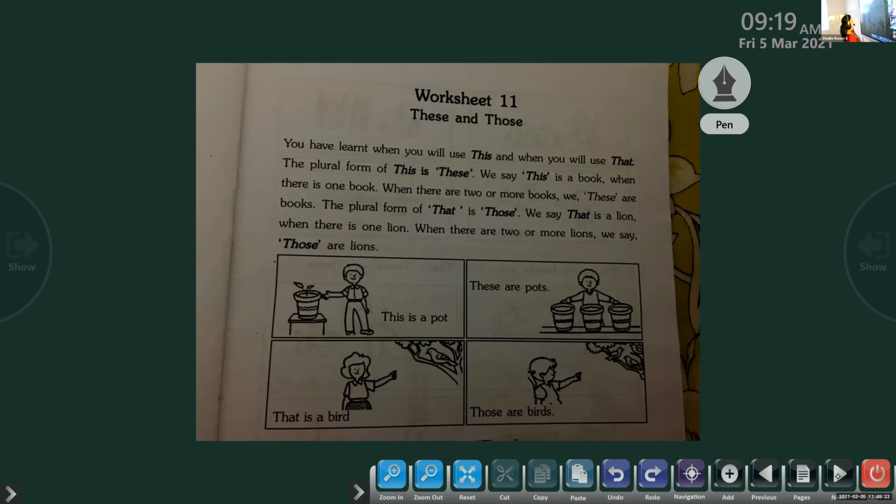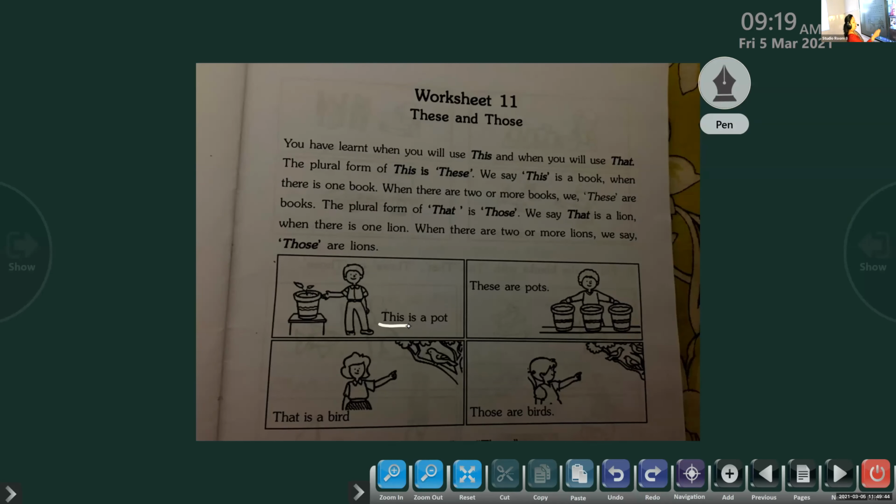Let's try to move ahead. This is the same thing that I have explained to you all, right? Let us have a look at a few examples. We can see a boy standing near the pot and there is only one pot. So, we will use the word this. This is a pot.